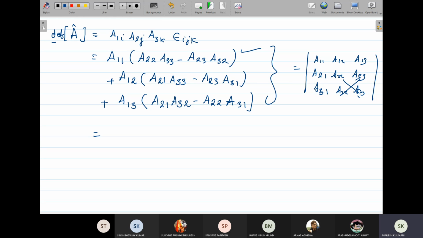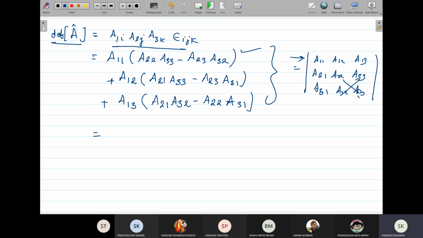So one can write the determinant in this fashion. This is the expansion of the determinant in the first row. When I expand it in the first row, I will get this expression.